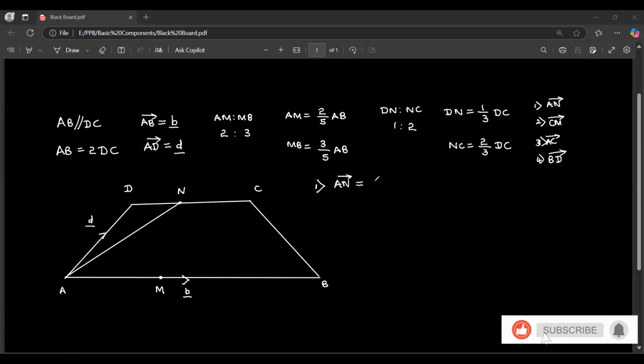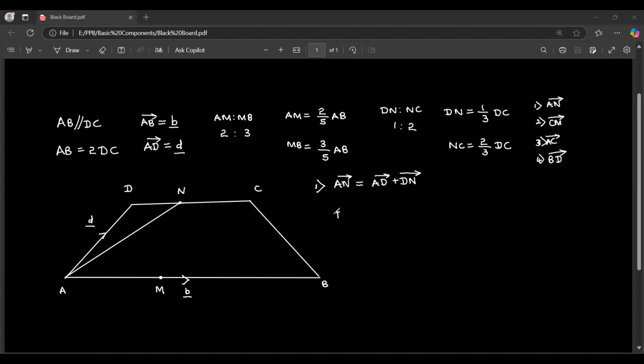First one, we need to find out AN. AN is equal to AD plus DN. AD is equal to d. Now we have to find out DN. DN is equal to 1 over 3 DC. DC is equal to half AB, which is half b.